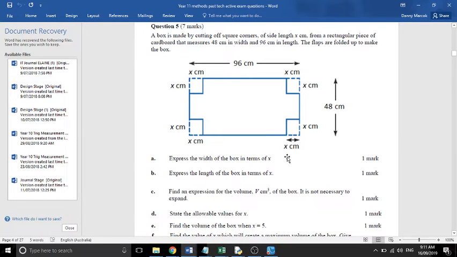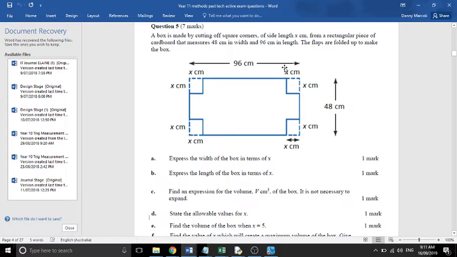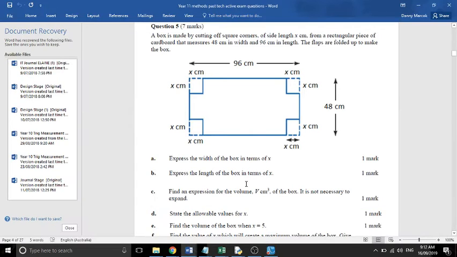That's the width. The length is 96, minus X here and X here, so it's 2X. Now find the expression for the volume of the box, not necessary to expand.